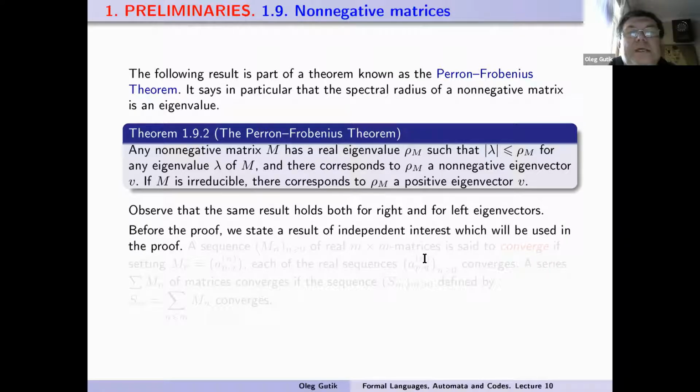Before the proof, we state a result of independent interest which will be used in the proof.